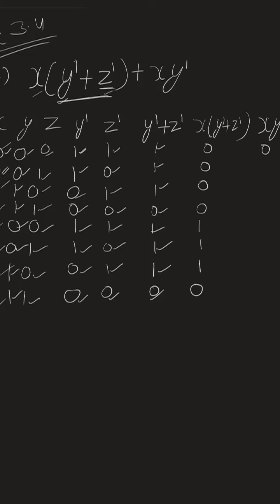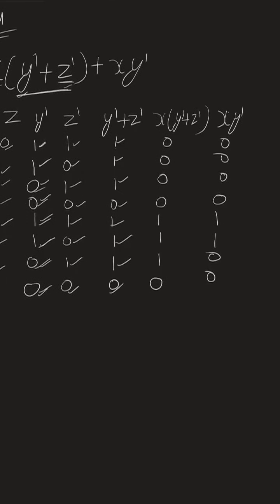Again 0 multiply 1 is 0, 0 multiply 0 is 0, 0 multiply 0 is 0. Then 1 multiply 1 is 1, 1 multiply 1 is 1, 1 multiply 0 is 0, and 1 multiply 0 is again 0.